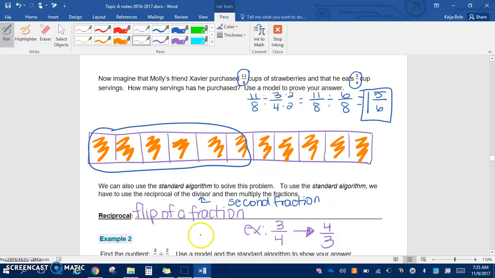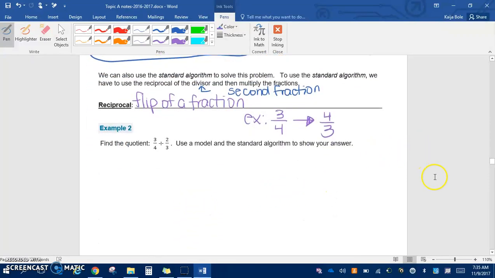Okay, so if we look at example 2, now we're getting into using the standard algorithm. So it says find the quotient of 3/4 divided by 2/3. Okay, so this is our divisor. This is what we are dividing by. So what we're going to do is we take the first one, 3/4. Alright, we flip the second one to 3/2, and now we change the divide symbol to a times.